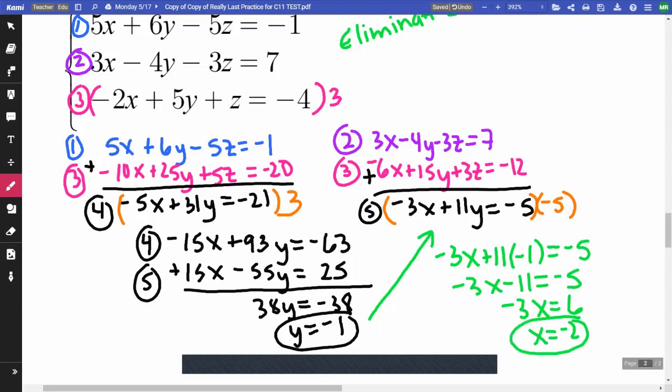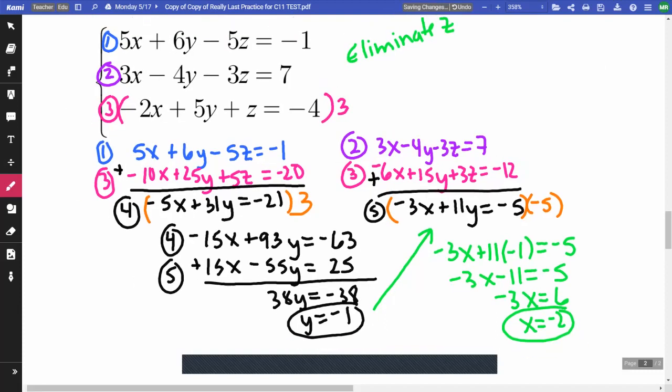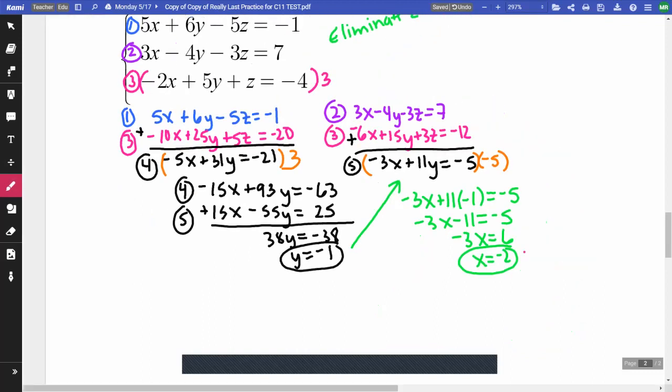So now I can take both of these and put them into either equation 1, 2, or 3. Now I'm trying to solve for z, so I'm going to put it into equation 3.